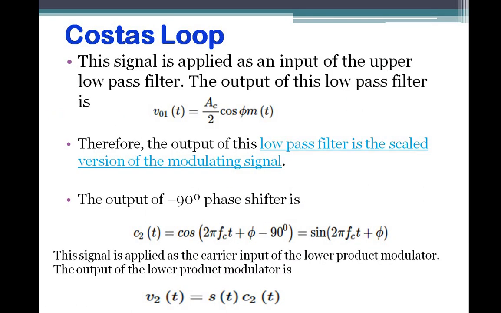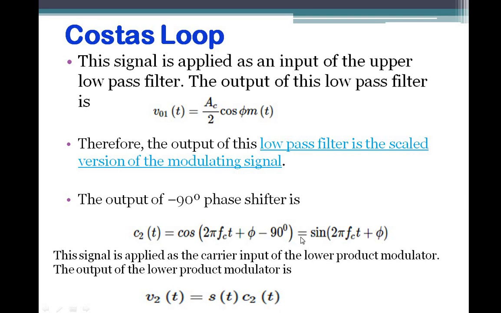Here, C2 of t is equal to cos(2 pi fct plus phi minus 90 degrees). What is cos(theta minus 90 degrees)? You will get sin theta. So you will have sin(2 pi fct plus phi).